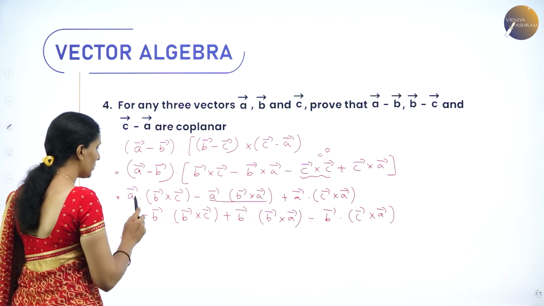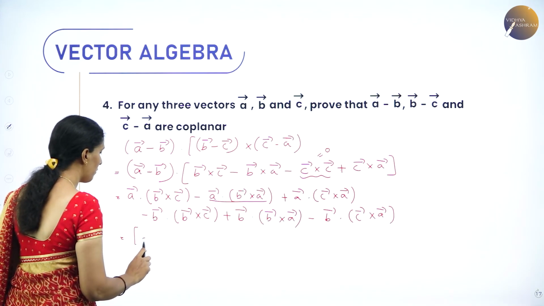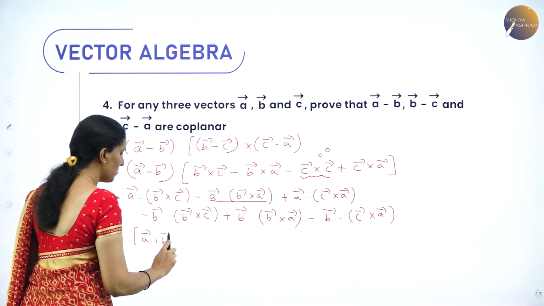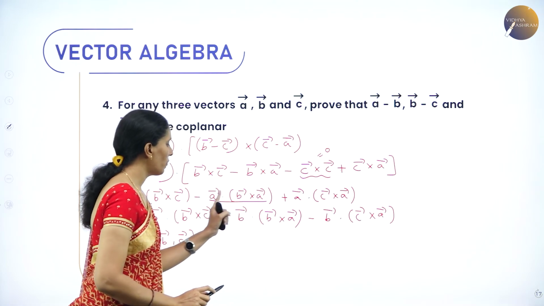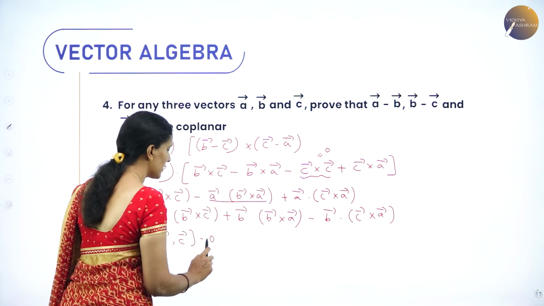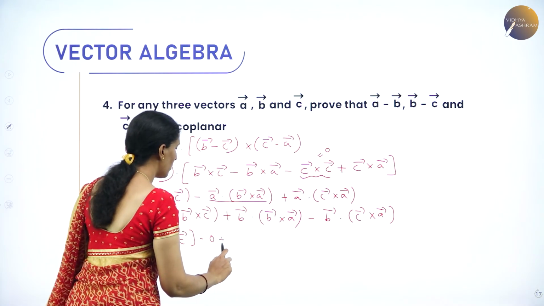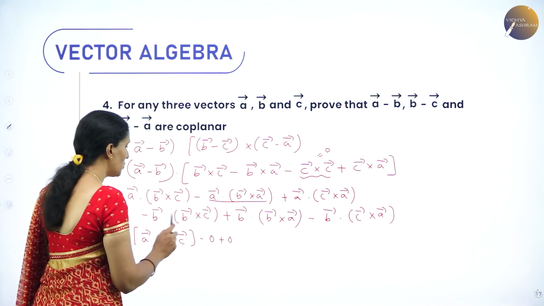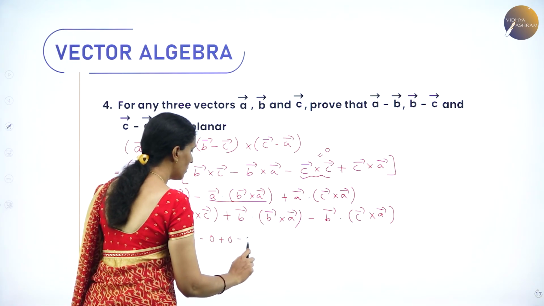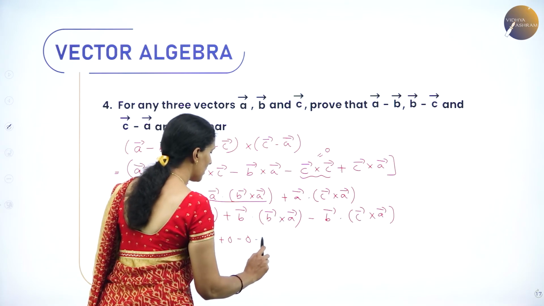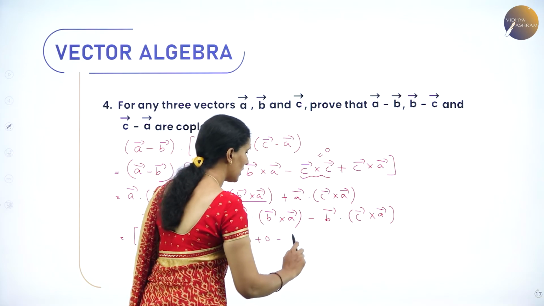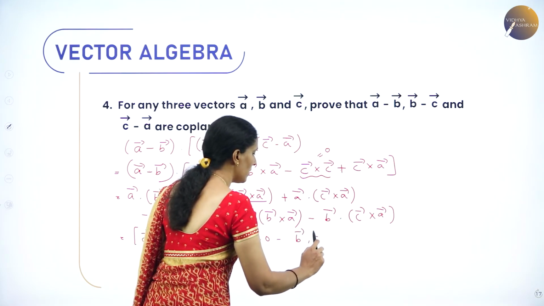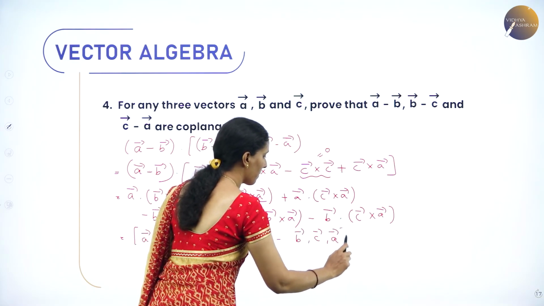So this is equal to a dot b cross c, which can be written in the form of box a, b, c. A dot b cross a, since the two vectors are same, the box product is 0. Here also it is 0 because two vectors are same. Two vectors are same, 0. Two vectors are same, 0. And this I can write as b dot c cross a, that is b, c, a.